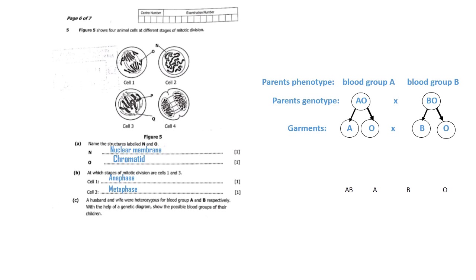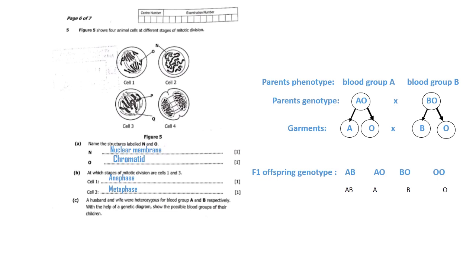So here now we'll come to the offspring genotype. After this the fertilization will take place, and this will be our offspring genotype. Hope you have followed this step.